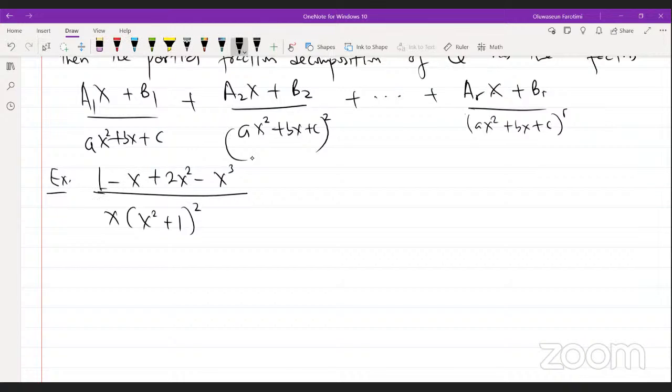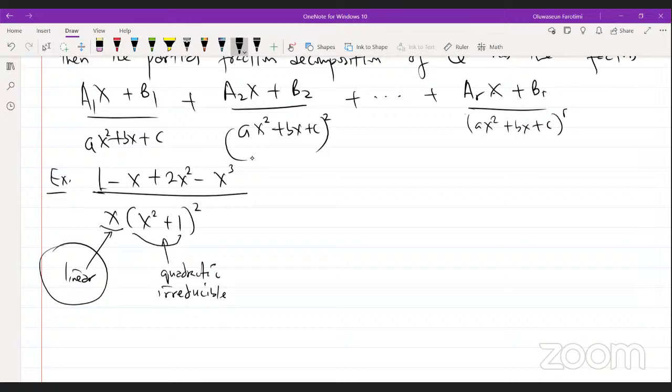Now, I will take a look at the bottom, guys. I know this first part is linear. I have no problem. Linear guys are the easiest guys. But I know this guy is quadratic. It's quadratic. It's irreducible. But there's a problem, guys. There's a square right here. That means it's repeated.